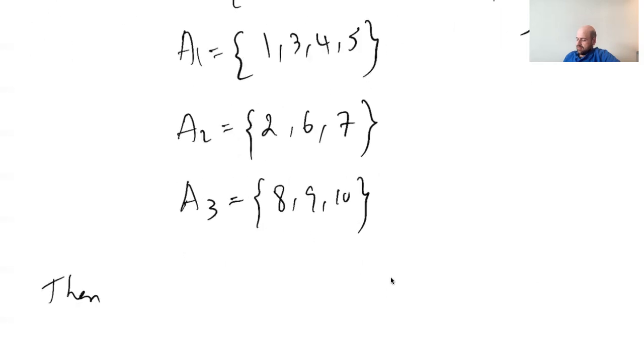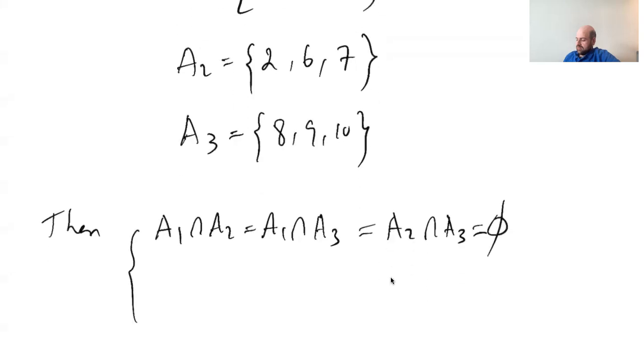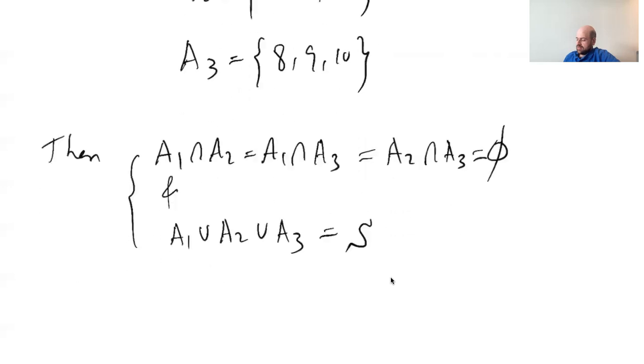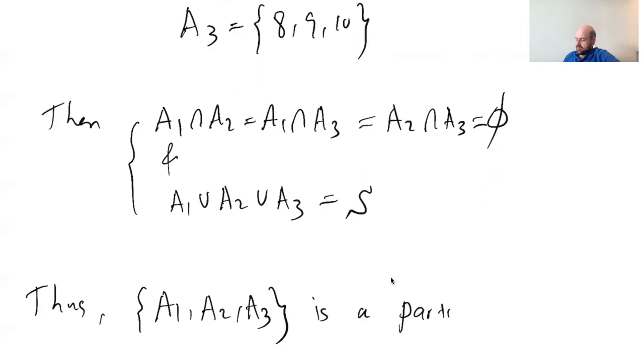Then A1 intersection A2 is the same as A1 intersection A3, the same as A2 intersection A3, and all of these are the empty set. And we also have the union A1 union A2 union A3 equals S. Thus, A1, A2, A3 is a partition for S.